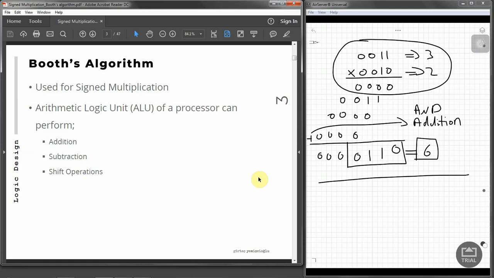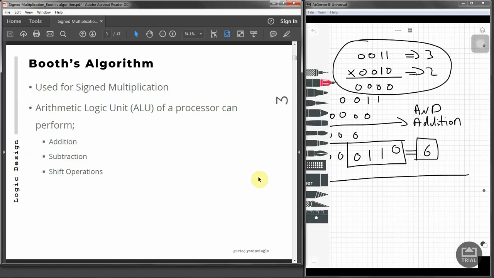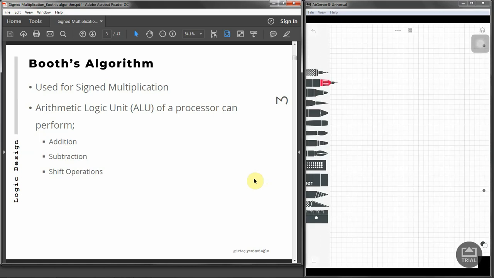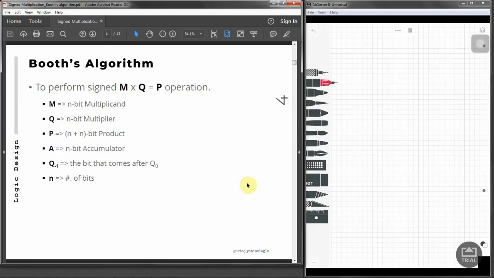To understand Booth's algorithm, we have some variables or parameters that we need to consider. So these are the variables. If you want to perform the M times Q operation, for which we are going to get the result as P, M is our multiplicand, Q is our multiplier, and P is our product.